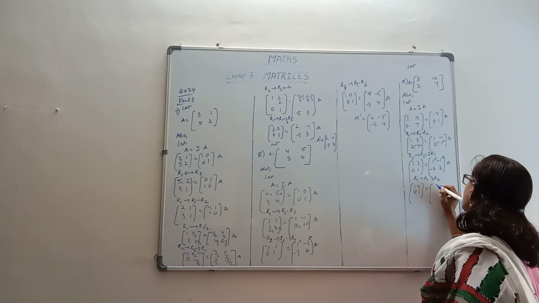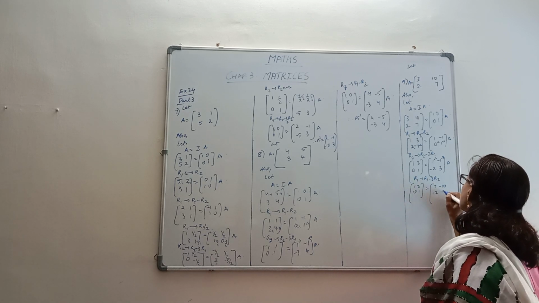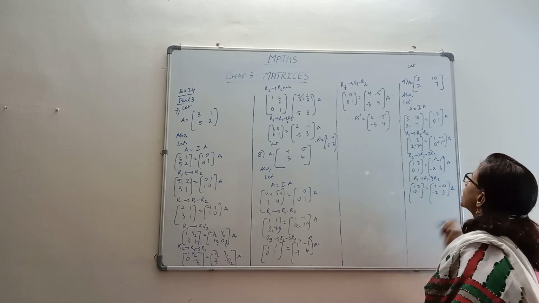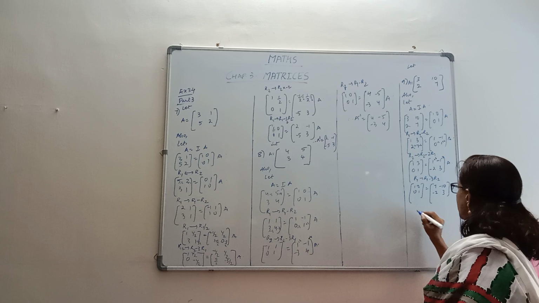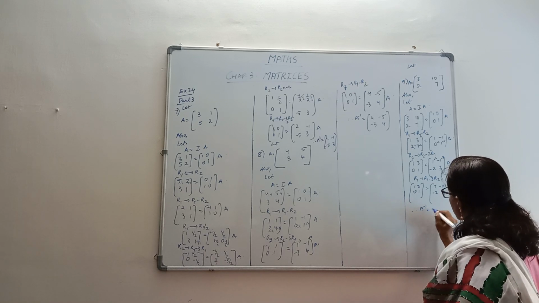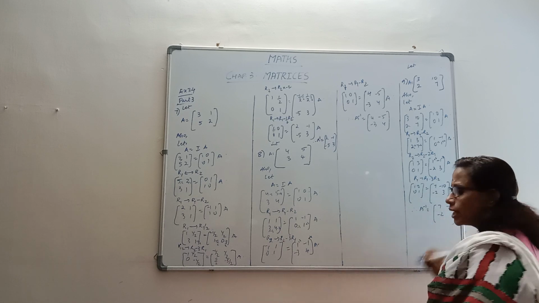Yes, so this will come to 7, this will come to minus 10, this will come to minus 2, this will come to 3, and this is A. Let me check if it's okay. Perfectly. So therefore A inverse is 7 minus 10 minus 2 3.